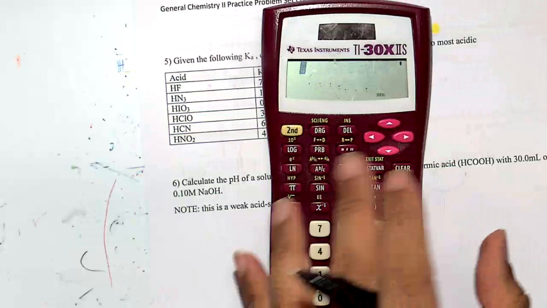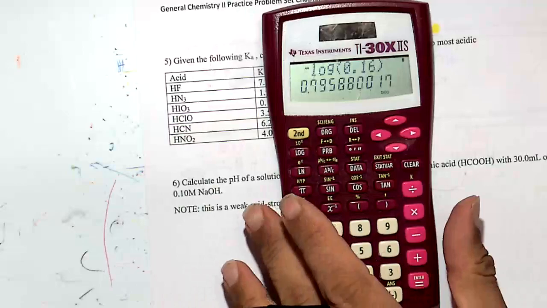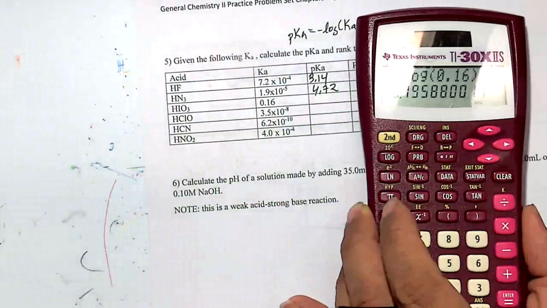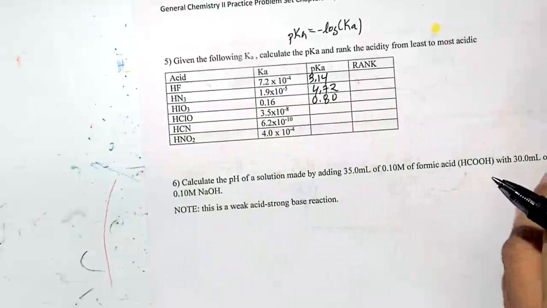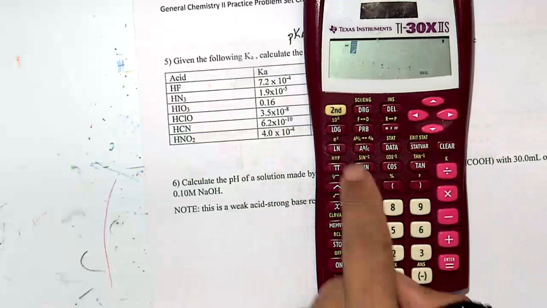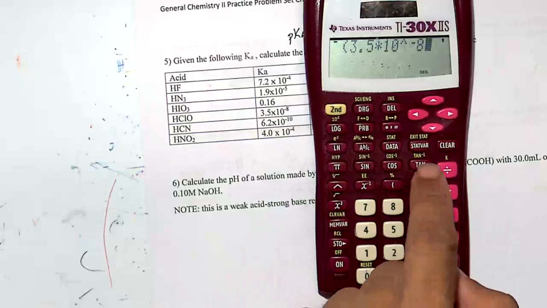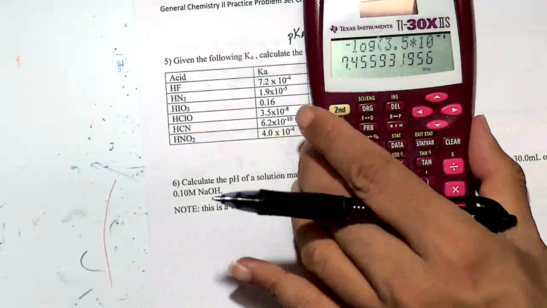Minus the log of 0.16. Okay, this is what you'll have to do. 0.79, yeah, 0.80. Okay. Minus the log of 3.5 times 10 to the minus 8. Uh, 7.45 is what I'm getting.